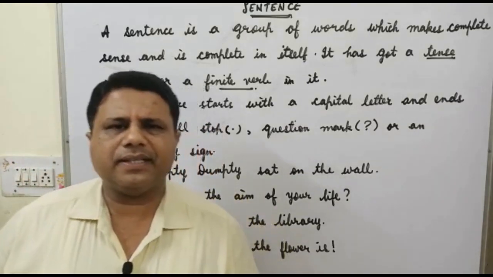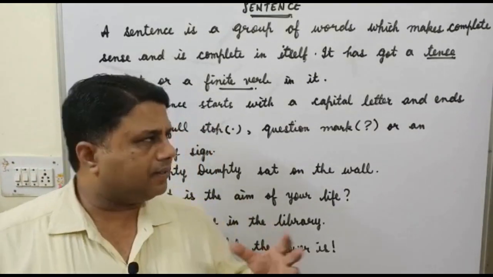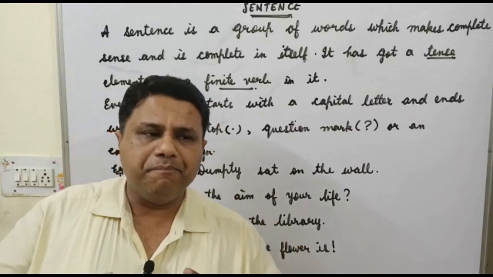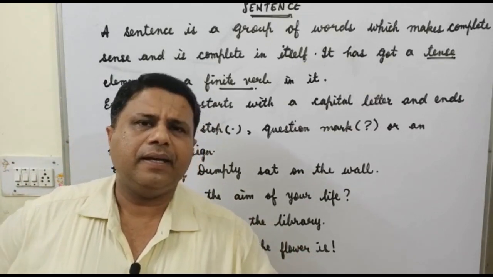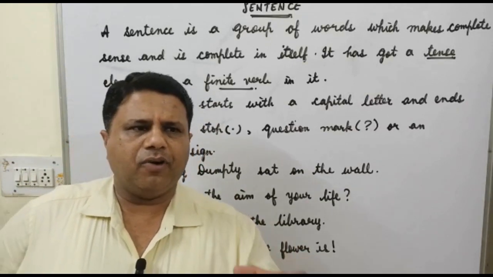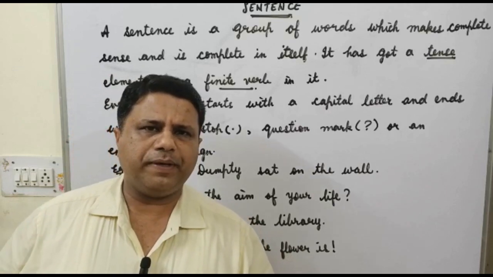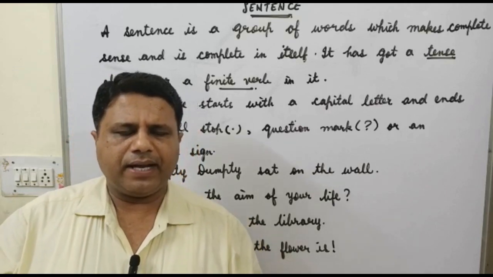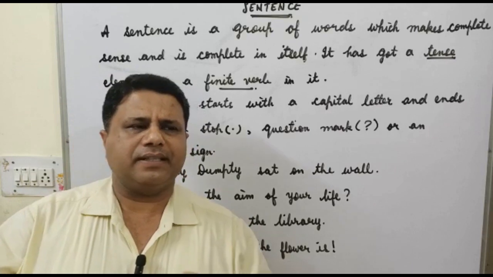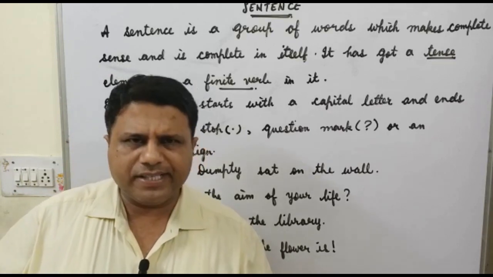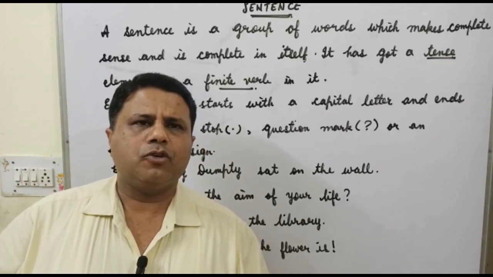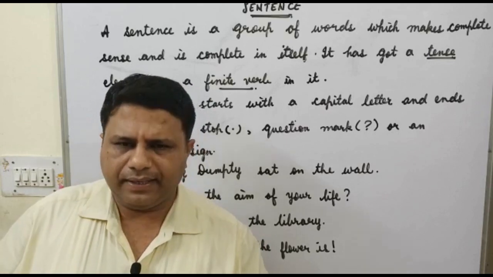Now coming to the third thing, the third point is that it should have meaning, and the meaning should be complete. And the fourth thing is that the sentence should be complete in itself. When I say complete in itself, it means nothing more is required to generate the meaning or to clarify the meaning.